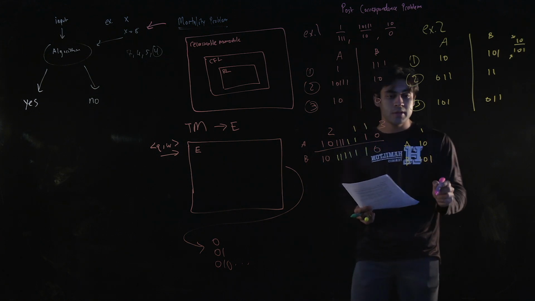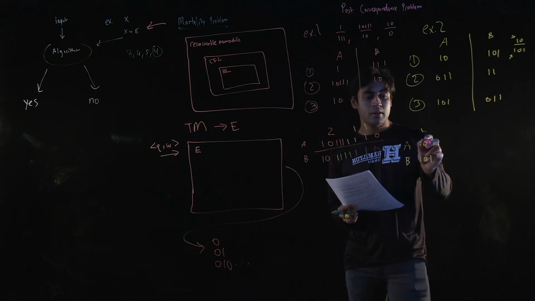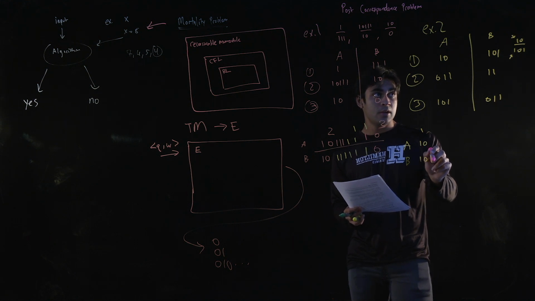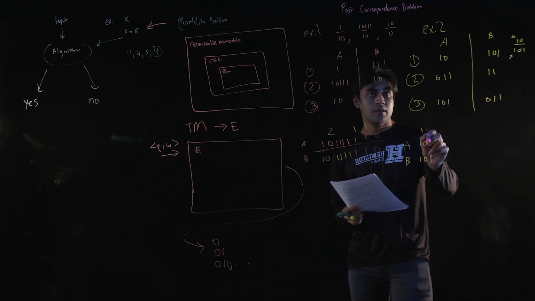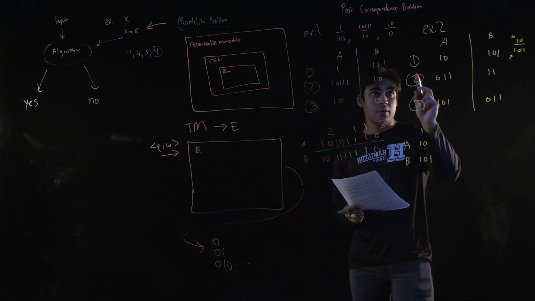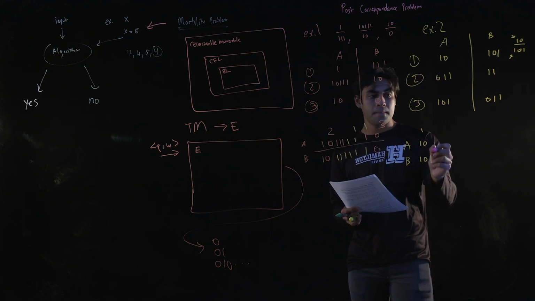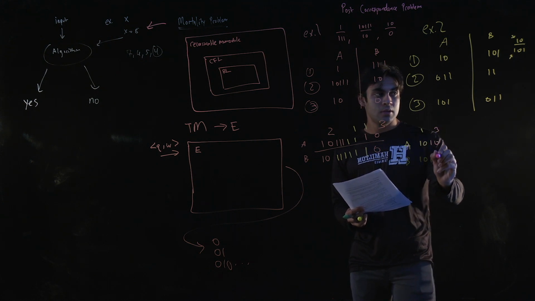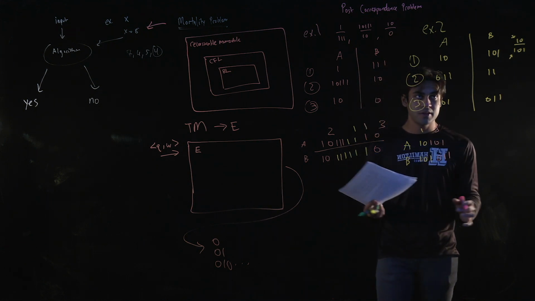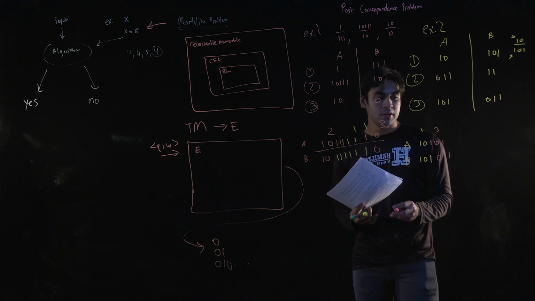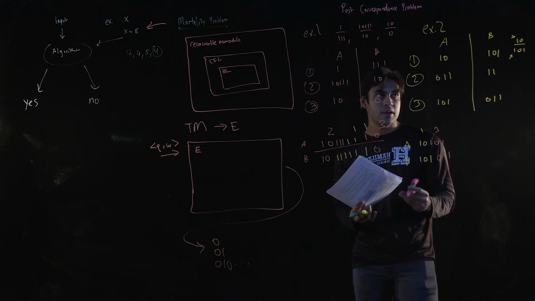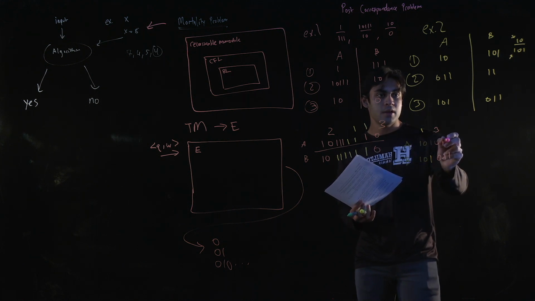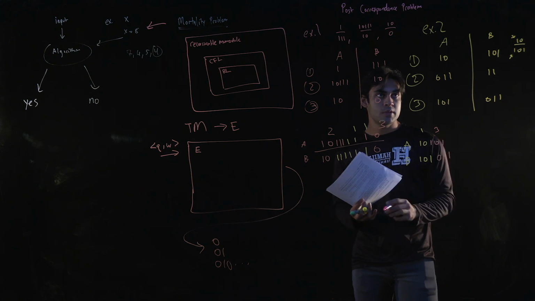Okay, so now we need a 1 on the top because that's the next character on the bottom. So we have to either pick 3 or 1 again. So let's try 3. 1, 0, 1. Okay, still doesn't match, but now we have to pick one that has 1 on the top and would have the next one equivalent.